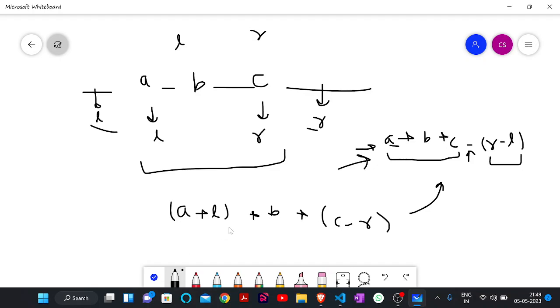My target is that I will iterate for every number from 1 to n minus 1, and I will think that okay, this is our B. Then I will choose A plus L from the left side and C minus R from the right side. And how will I choose these two?